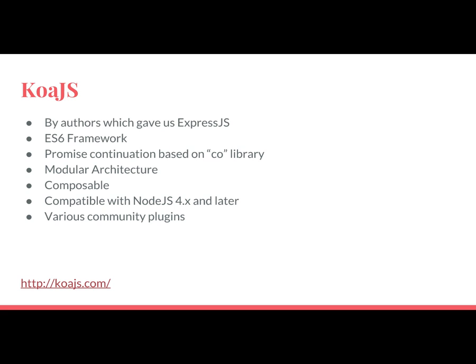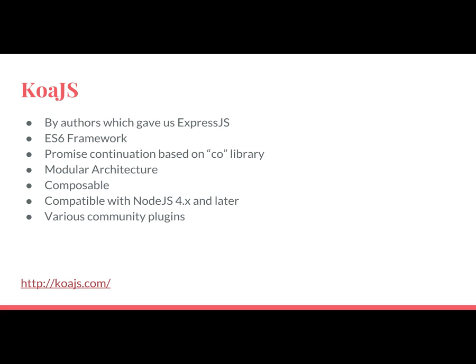Okay, so let's jump to the actual KoaJS framework, and let's see how we could implement those different layers which we talked about. KoaJS is by the same authors who gave us Express.js.